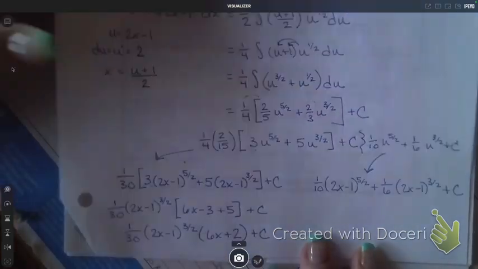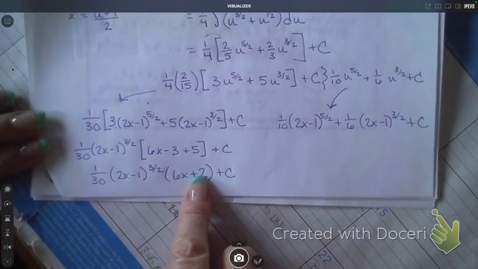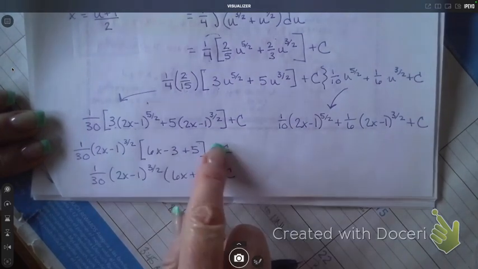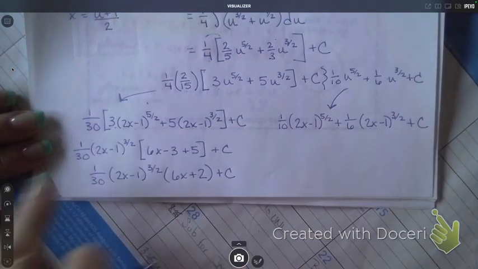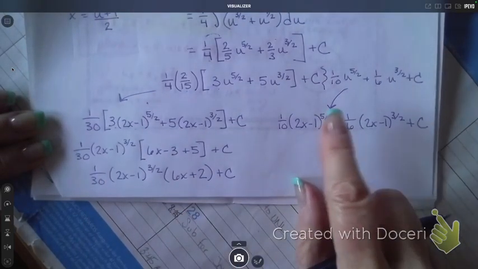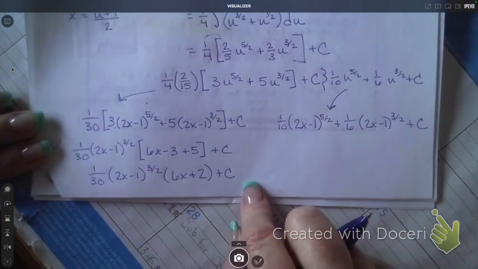Now, if I'm going to have to do math with this later on, I'm picking this one, because we've cleaned it up, haven't we? This is what you would find in the back of the book. But which one of those is cleaner and you'd like to use?